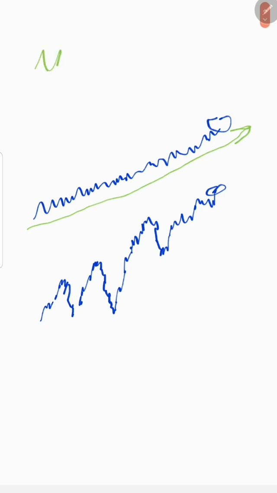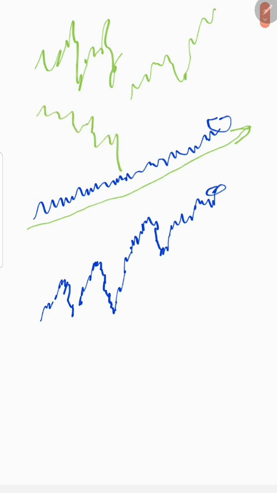So I want to see if the market is moving sideways, it's trending up, or it's trending down.